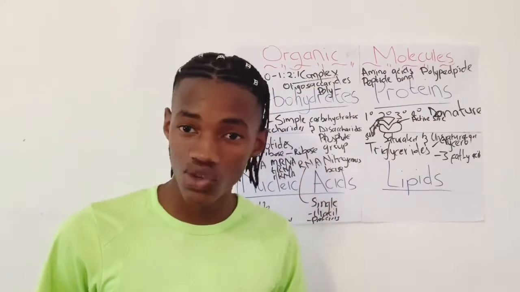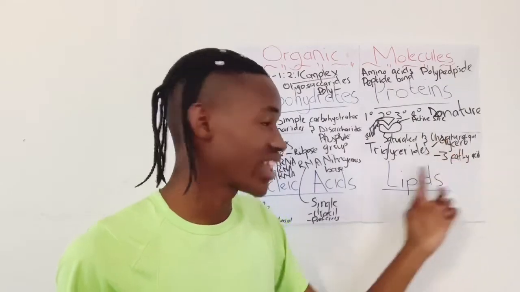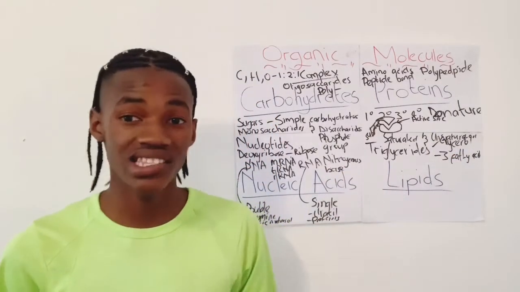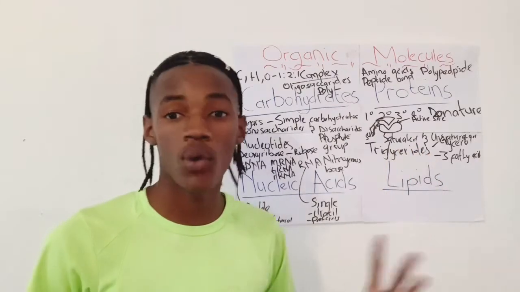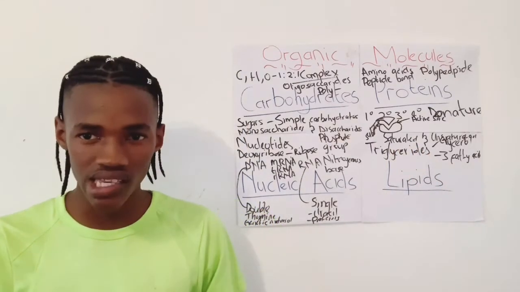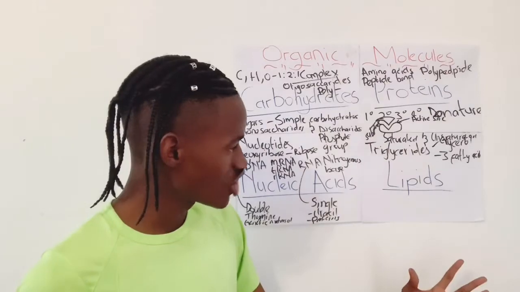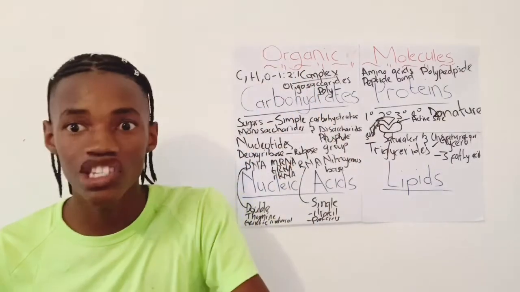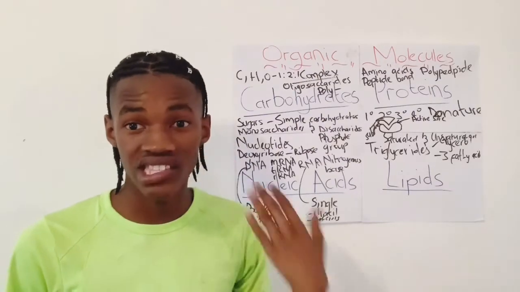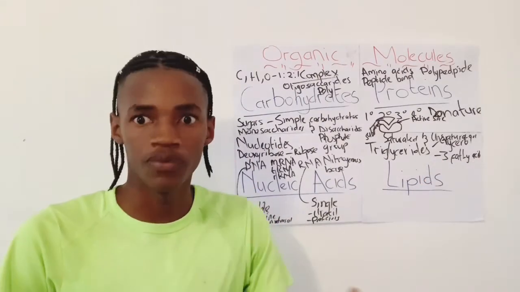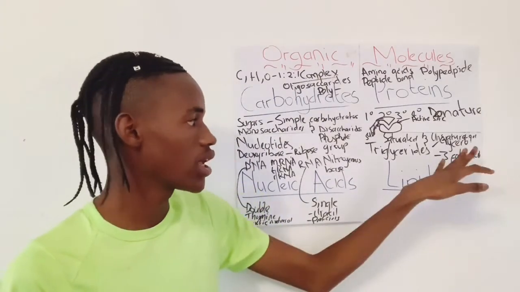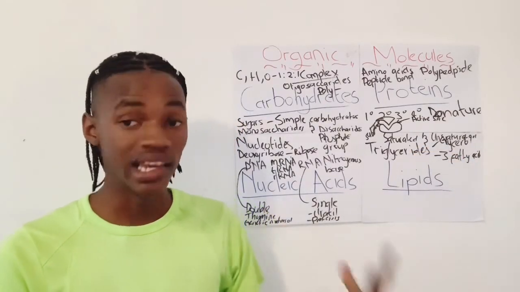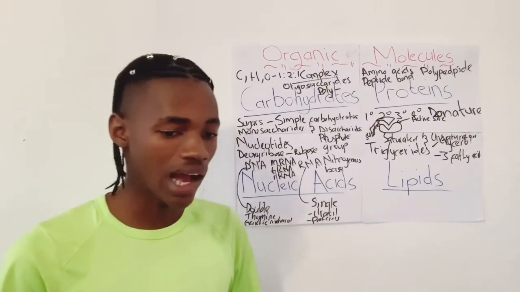And then unsaturated triglycerides have at least one double bond, so that is how you separate them. Usually saturated triglycerides come from meat derived fatty acids, meat derived lipids, and then unsaturated usually come from plant derived lipids.